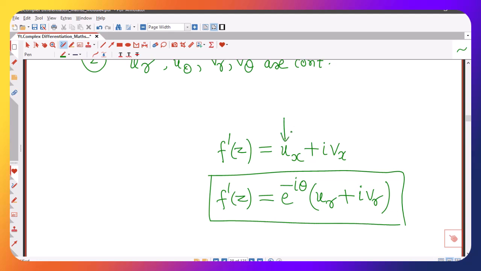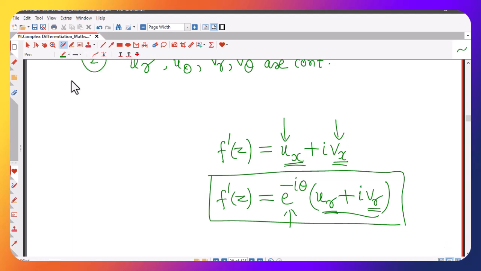Here ∂u/∂x plus i times ∂v/∂x are partial derivatives of u and v with respect to x. Here they are partial derivatives of u and v with respect to r, and this bracket is multiplied with e raised to minus iθ.